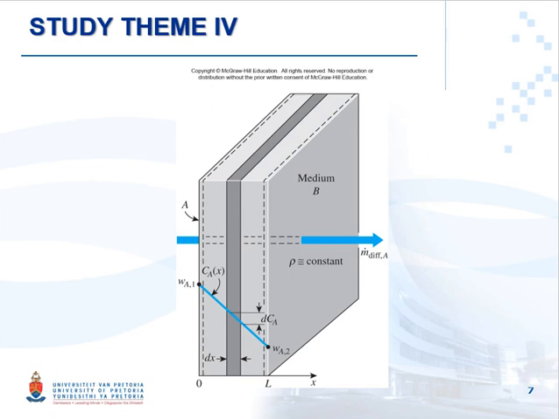The wall is subjected on both sides to different concentrations. The boundary surfaces at x equal to 0 and x equal to L are located within the solid adjacent to the interfaces, and mass fractions at those surfaces are given to be WA1 and WA2. The mass fraction of the species in the wall varies in the x direction and can be expressed as WA(x).